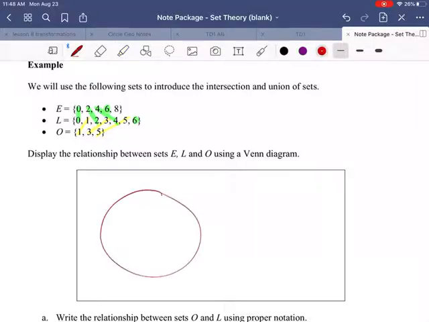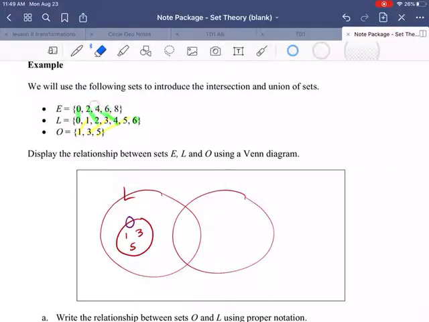So let's start with set O. Because O is a subset of set L, we are going to have set O inside set L. Set O has 1, 3, and 5, and because it's a subset, they're also included in L. So we've already got 1, 3, and 5, and now we have to include 0.